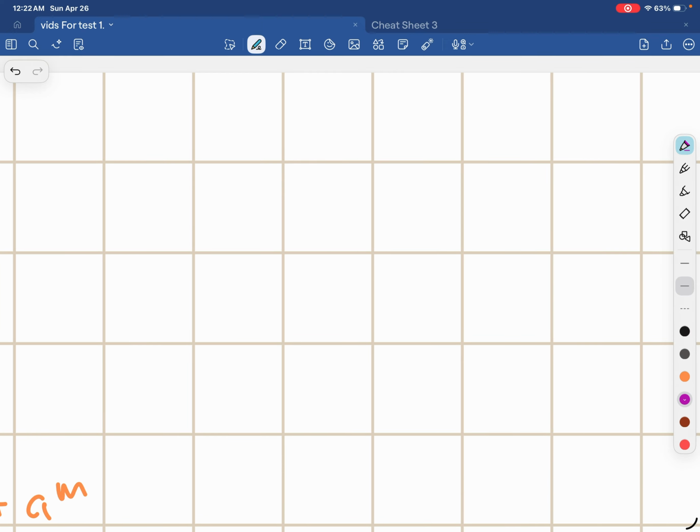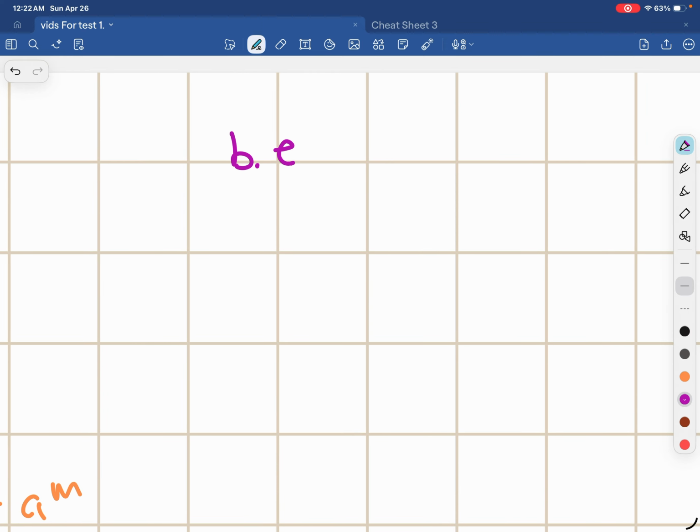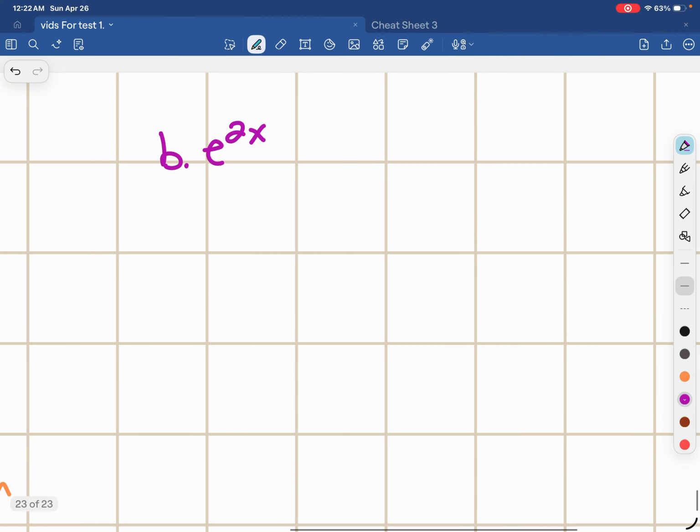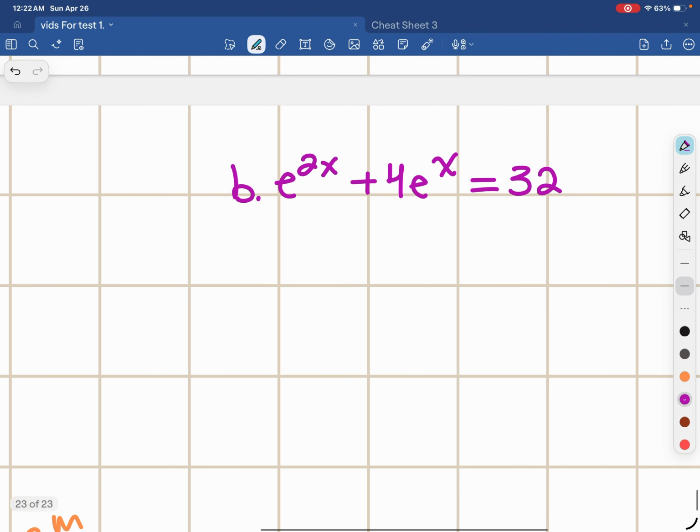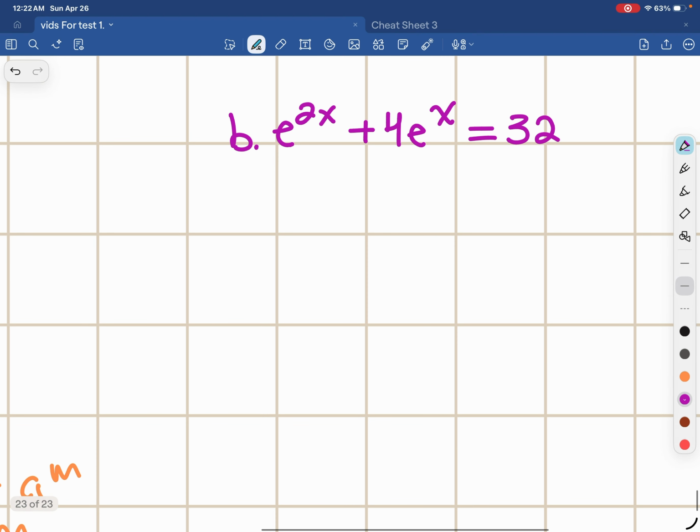We'll change colors. Part B is e to the 2x plus 4e to the x is equal to 32. So right off the bat, I know in my head this is going to be a factoring problem, right? We can see the basic setup of a factoring problem, but let's separate our terms, right?